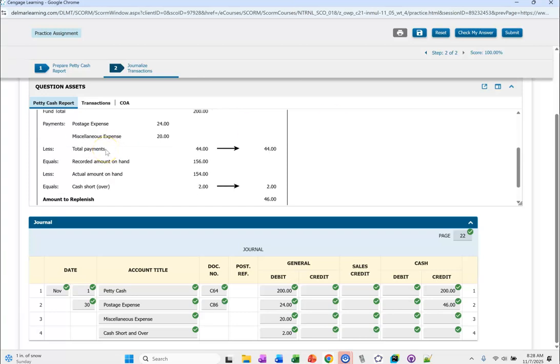So the petty cash report tells me everything I need, Joe Lancy. So I have postage expense, miscellaneous expense, and then the cash short and over is the other thing that's coming out, right? So I have to look at what are the things being subtracted or added from the report, and that tells me what to put where and how much.